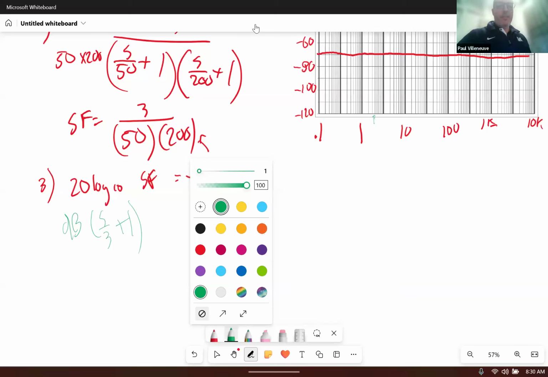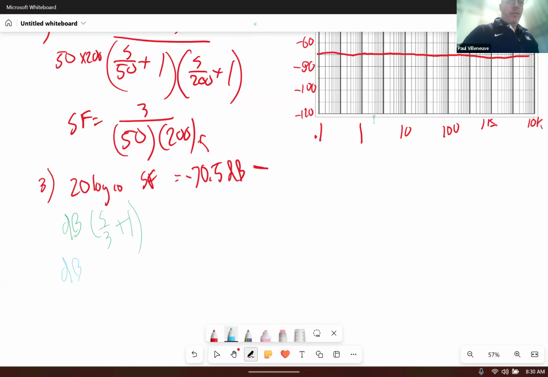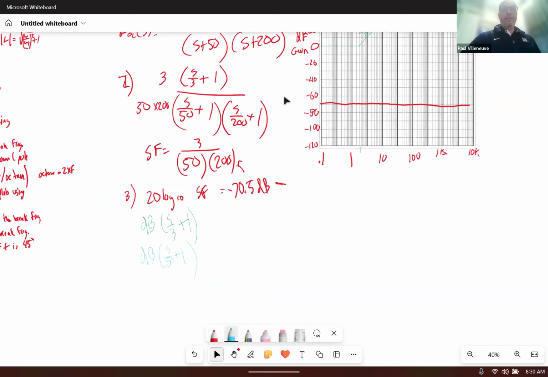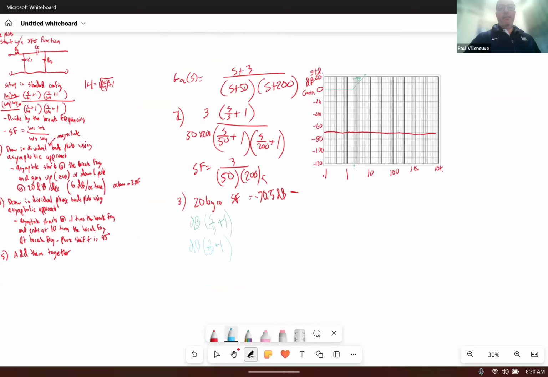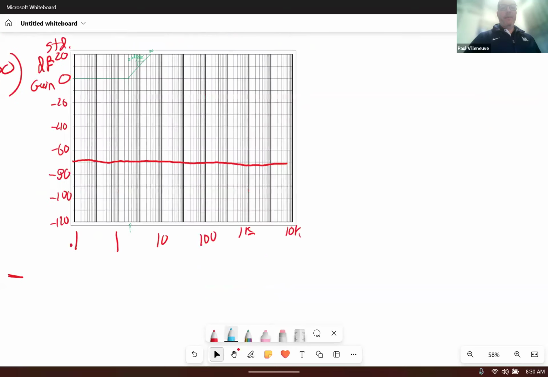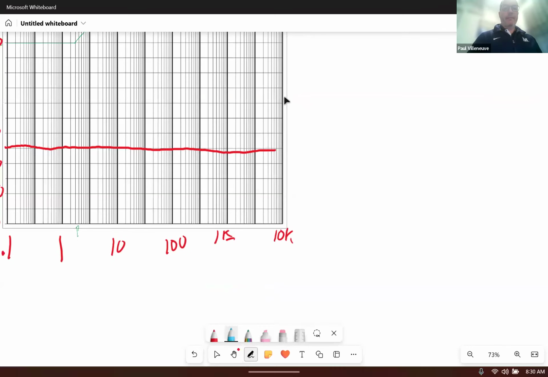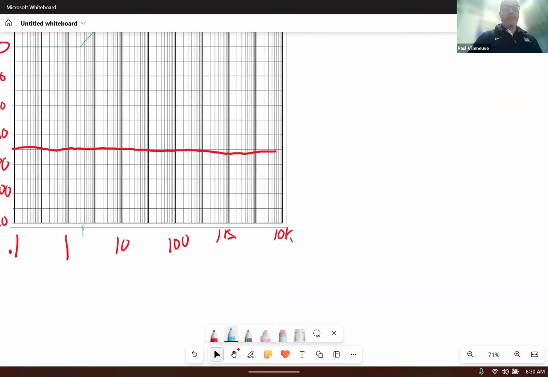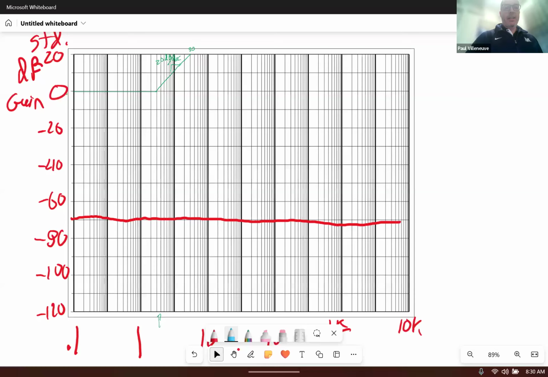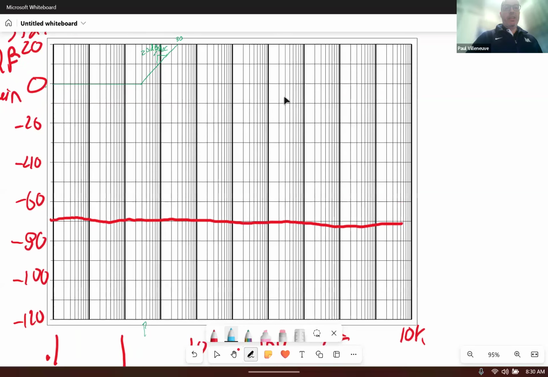All right. So this one is going to be the dB for S over 50 plus 1. So help me out. I'll not zoom in so much so I can't see things. So now I'm blue.